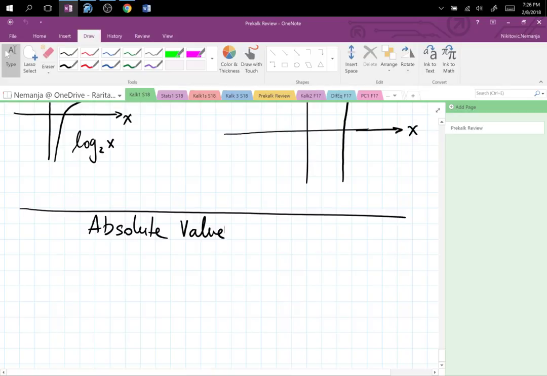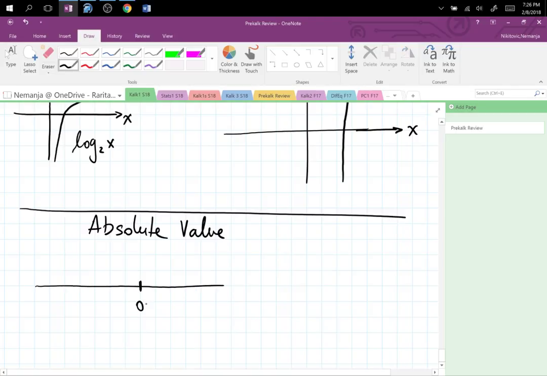In miles. 15 miles. When you are home, how far is RVCC? 15 miles. It's not negative 15, right? Distances are always positive.